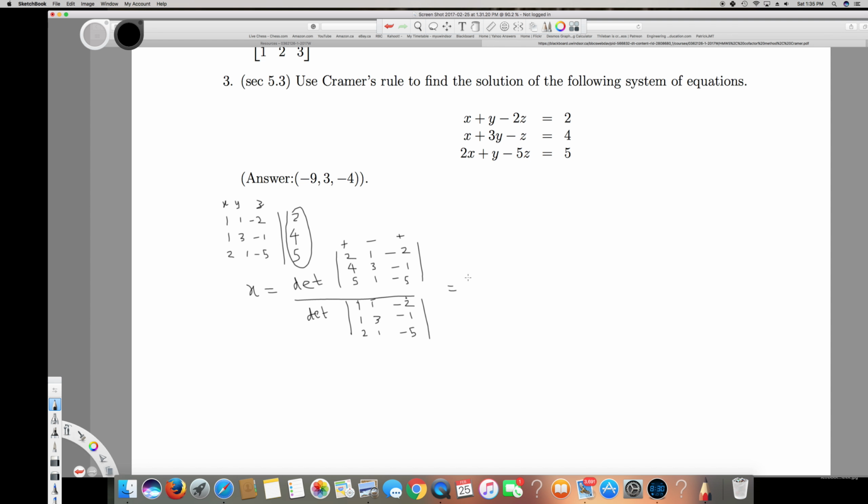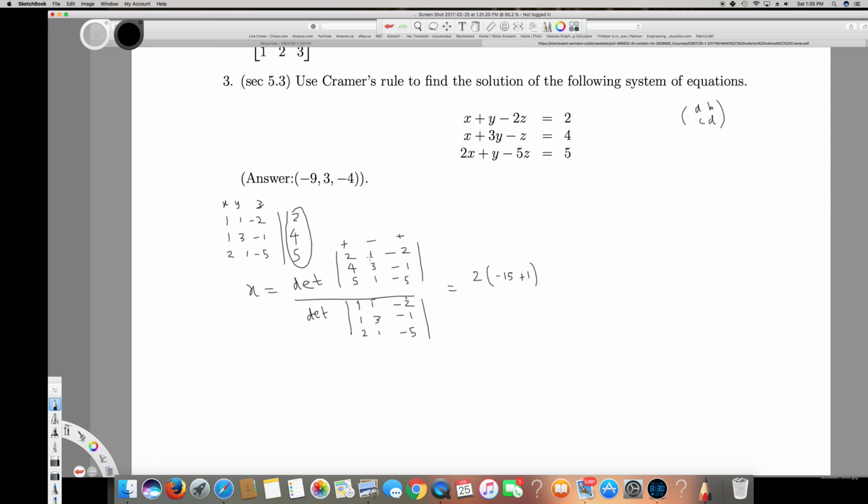If I take 2, it's positive, and I have to use the AD minus BC formula. If you wonder what AD minus BC is, this is A, B, C, D, so it's AD minus BC. That's how we do it. AD is 3 times minus 5, minus 15, and minus 1, so minus 1 becomes plus 1, right?